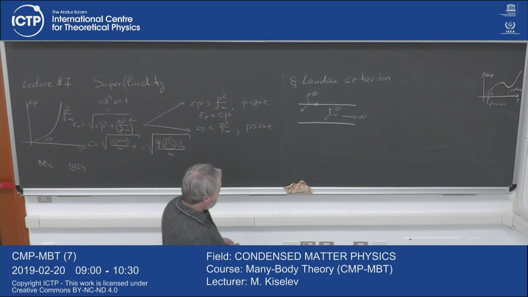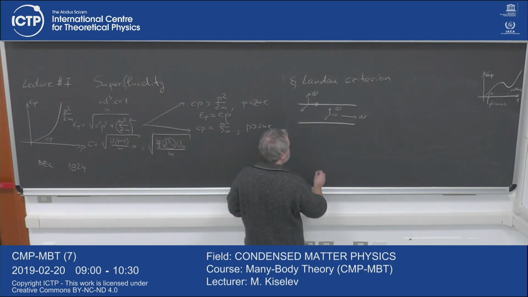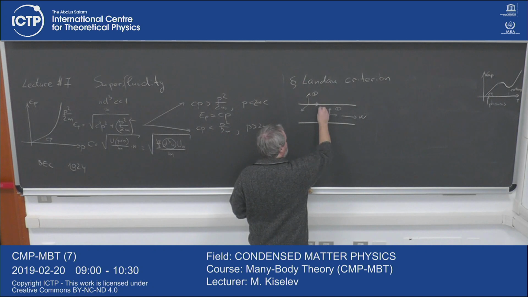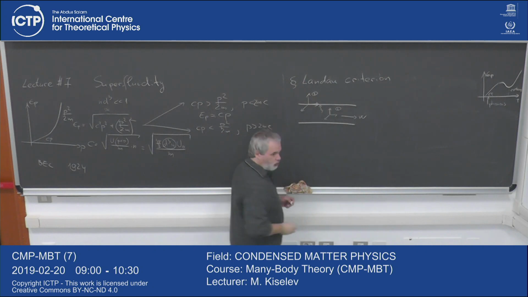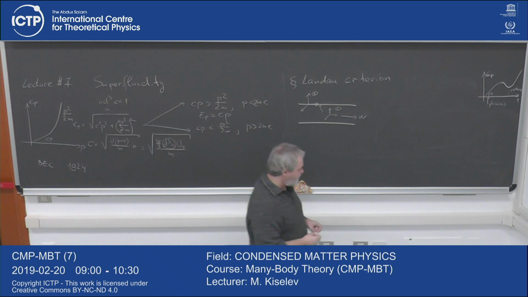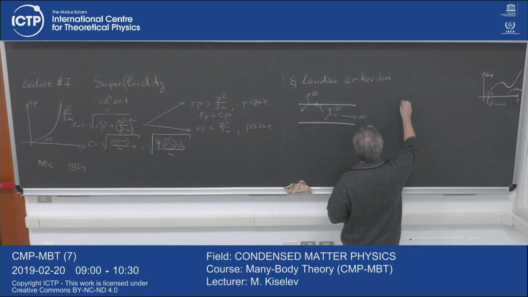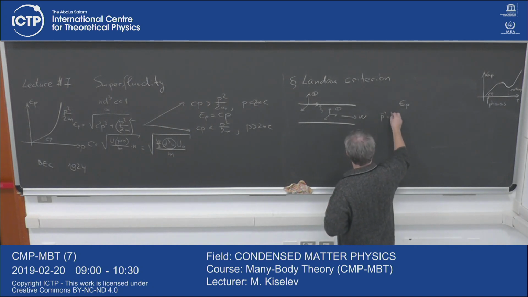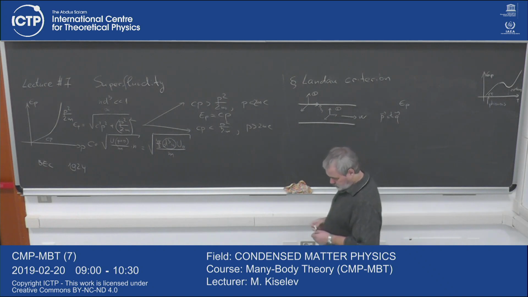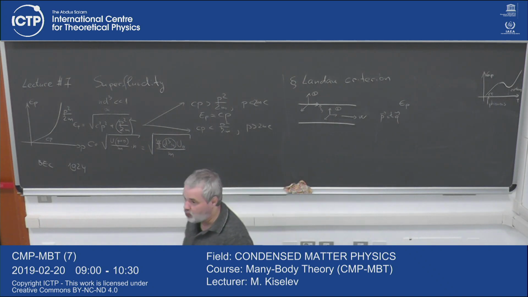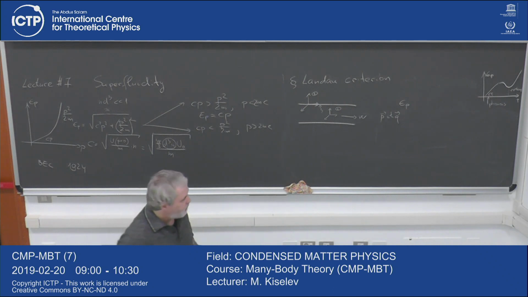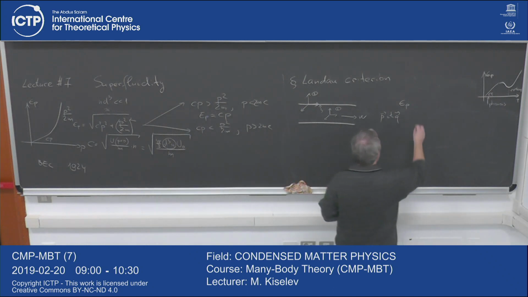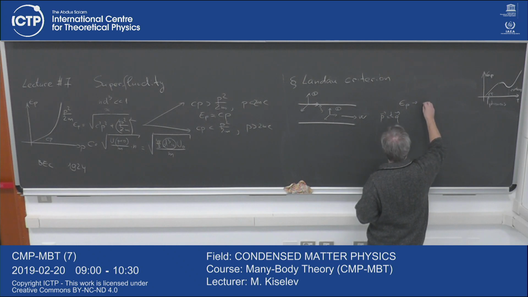Okay, as I said, in order to get friction, we need to create an excitation in the walls. And this excitation should be characterized by energy epsilon(p). So p, which is ħq, is the momentum of the excitation in the quantum liquid, and epsilon(p) is the energy of the excitation.